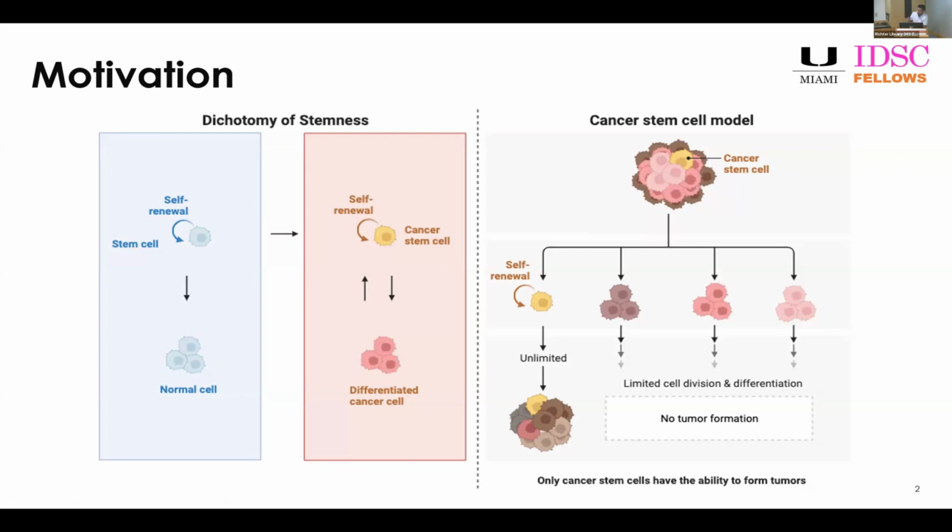Within the past decade or so, a model has been proposed called the cancer stem cell model, where a small yet vital population of tumor cells known as cancer stem cells are necessary for the self-renewal of the tumor, as well as the propagation of the tumor.